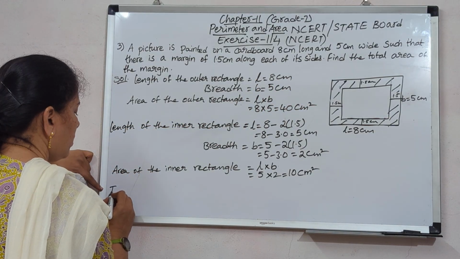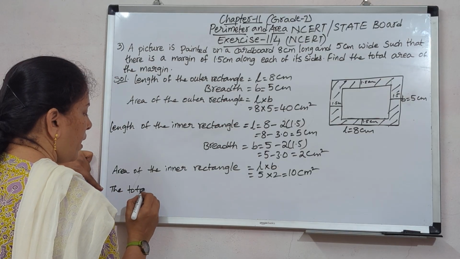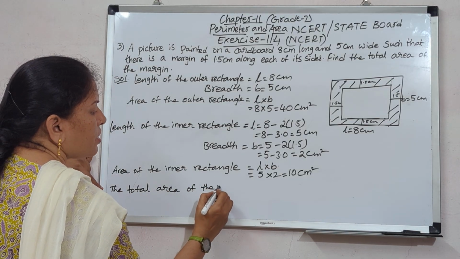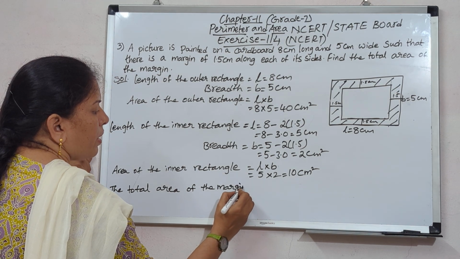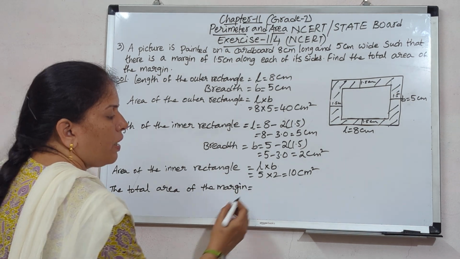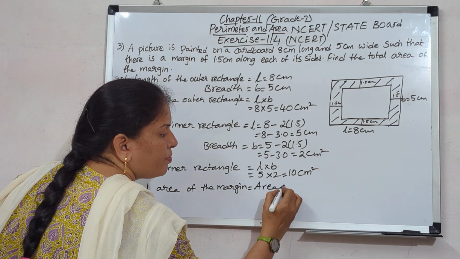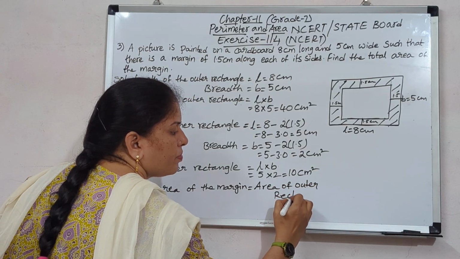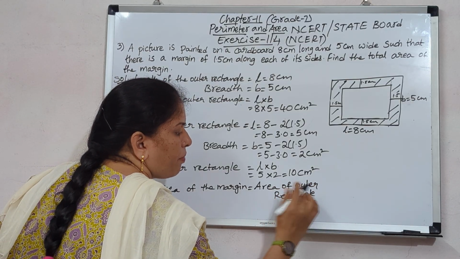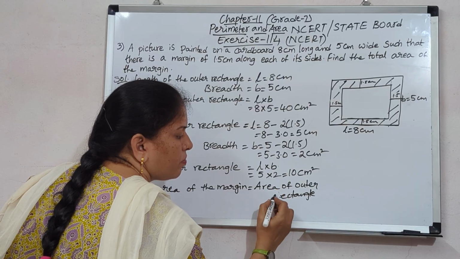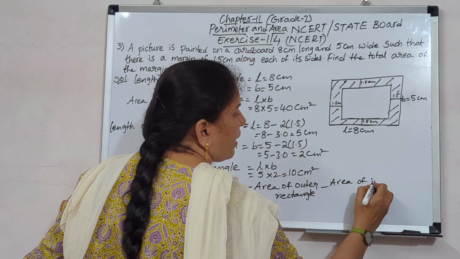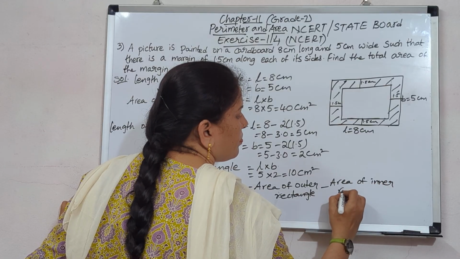Total area of the margin is equal to area of outer rectangle minus area of inner rectangle.